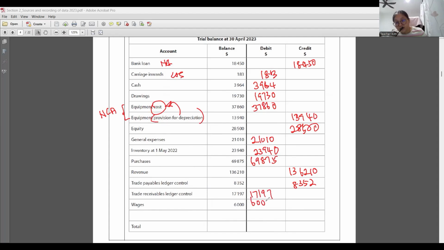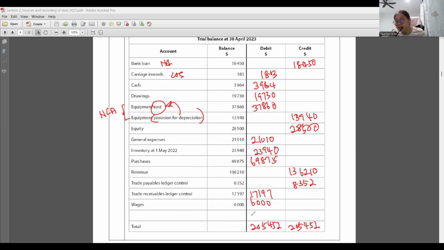Wages, 6,000. So after you calculate all the totals, you realize that this amount cannot be balanced. This total is 205,452. But you notice that this amount is lesser than the credit. So when we have this situation, we have to take the bigger amount to record.